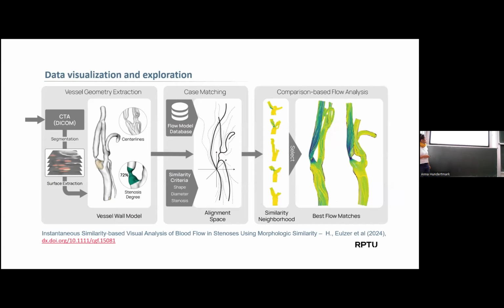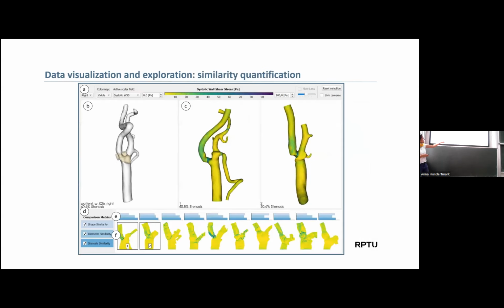So here is a very short slide of the extended Carotid Analyzer. This is the first Carotid Analyzer, which has morphological analysis, and then the new functionality is computing morphological similarity, and you can then explore your case, but also the pre-computed very similar cases, the 10 cases you see here.